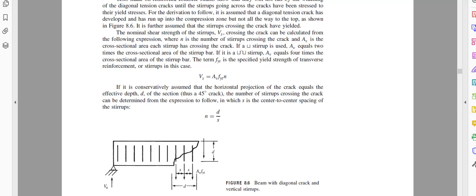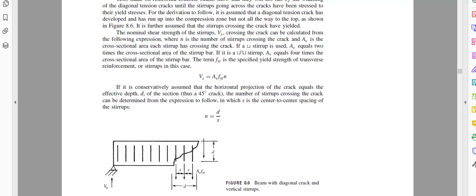The crack is here. So what is the shear force taken by these 3 steel bars? Whatever reinforcement is used, the area of reinforcement, which is Av, times the yield stress. Area times stress is force, times n.